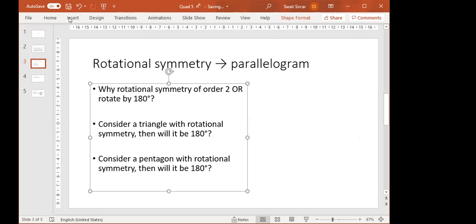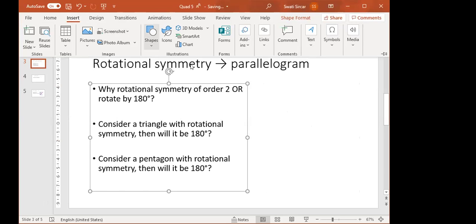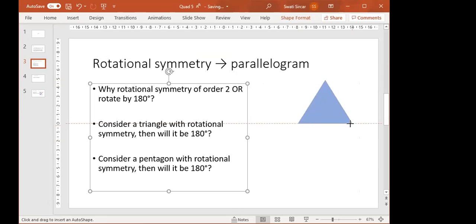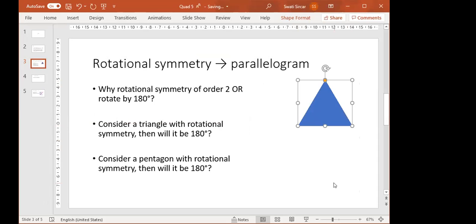I'm just going to draw some triangles. 90 degrees? No, just don't. Okay, so this is roughly an equilateral triangle, right? Now, if I rotate it by 60 degrees, I'll just take another copy, change color and rotate.